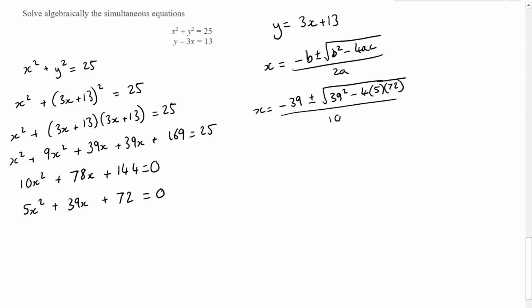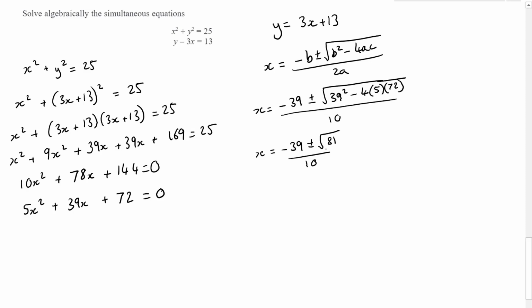Now we can simplify inside here. So if we put in 39 squared minus 4 times 5 times 72, we get 81. Okay, so this becomes x is minus 39 plus or minus the square root of 81 over 10.